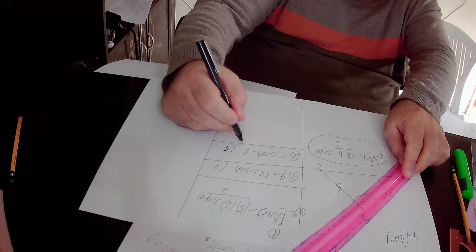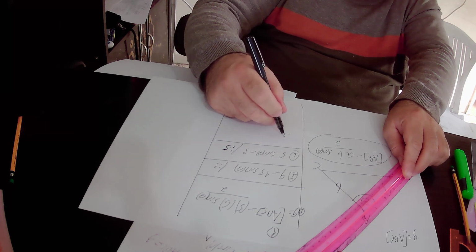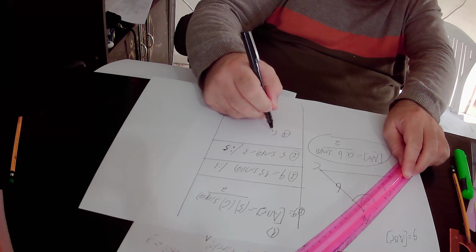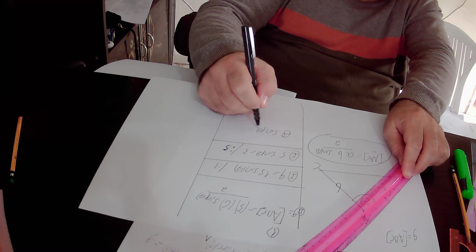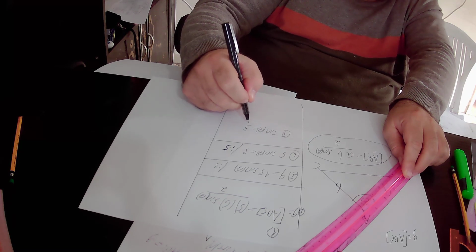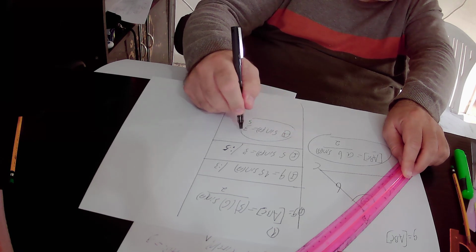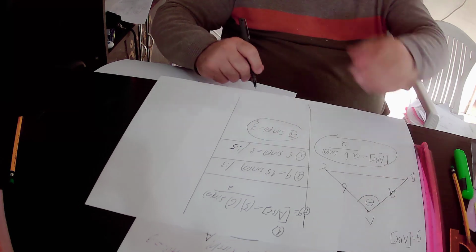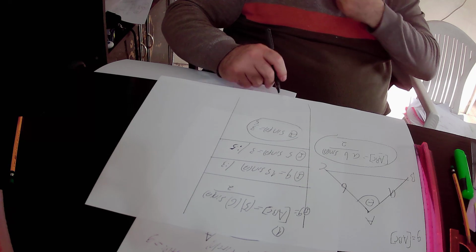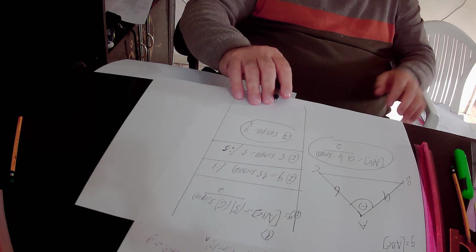We divide this equation by 5, and we get that sine theta equals 3/5. We found out the value of sine theta.